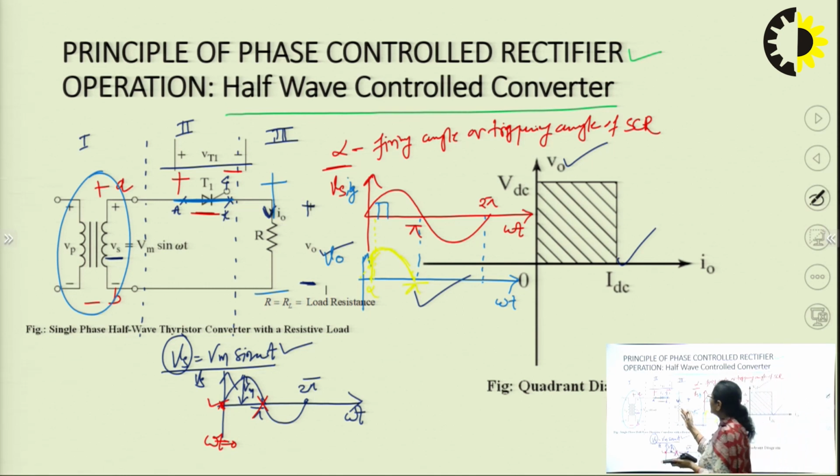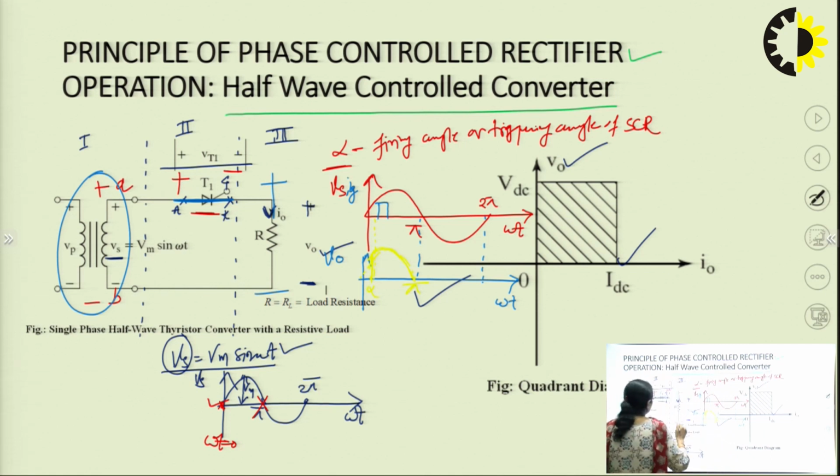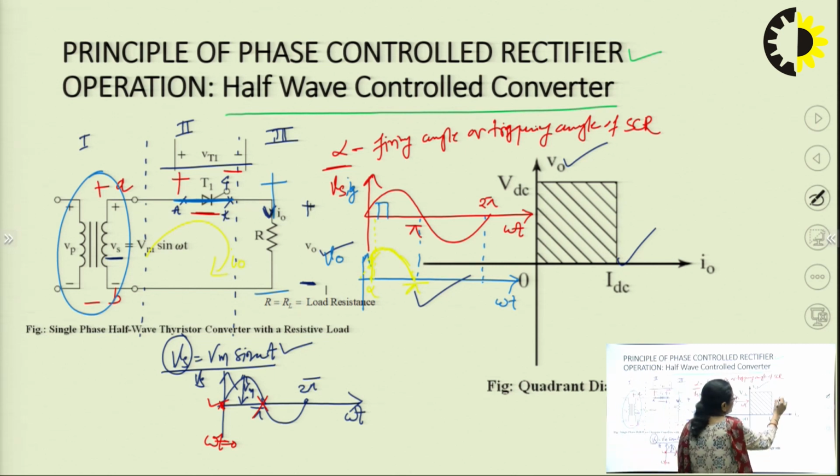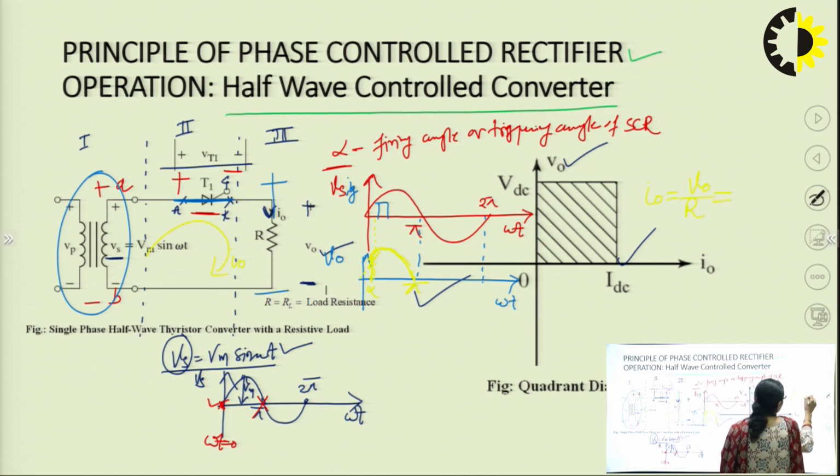What about the output current? When the load gets connected across the source, the current starts flowing. This is the load current I0. The instantaneous value of load current I0 can be written as instantaneous V0 divided by R, which can also be written as instantaneous Vs divided by R. Why so?